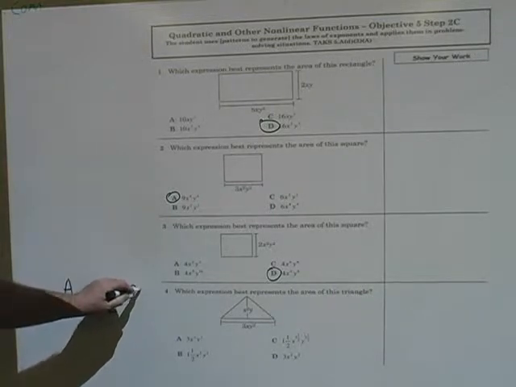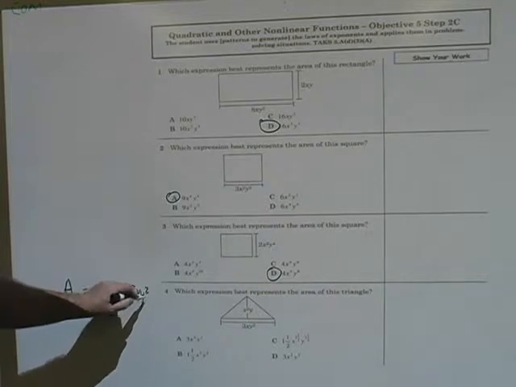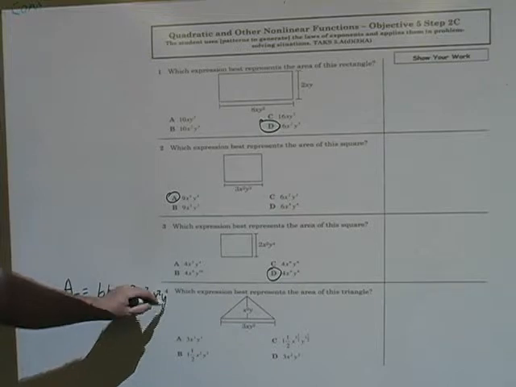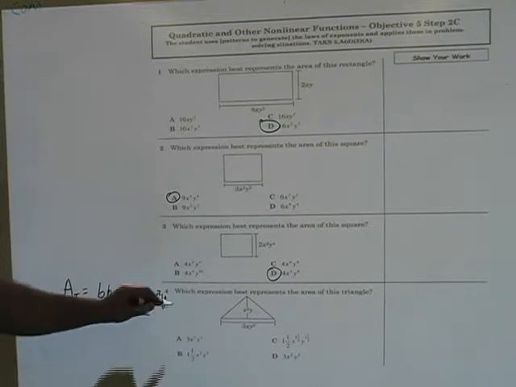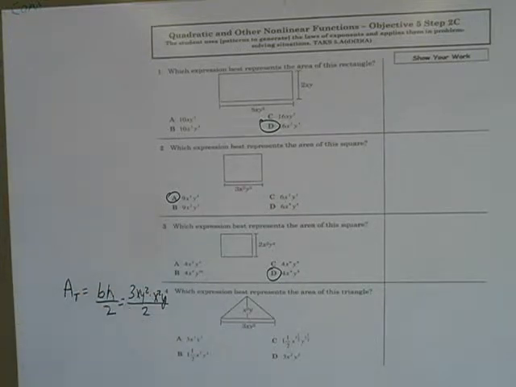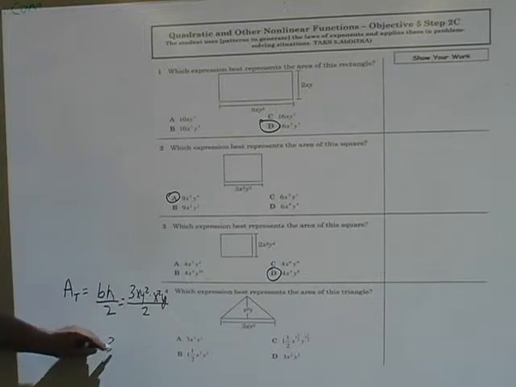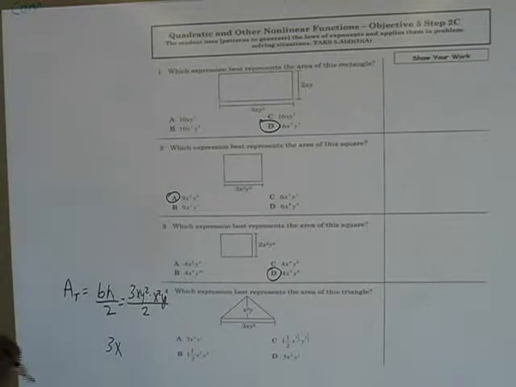3xy squared times x squared y over 2. It's just going to give us 3x, x to the what?